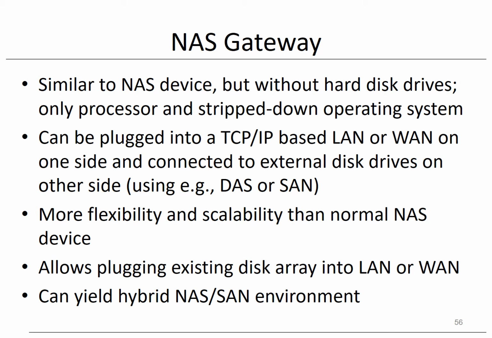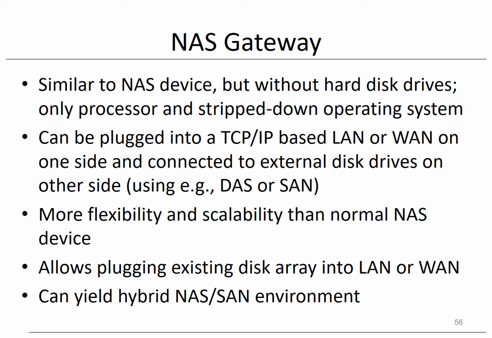More importantly, it allows plugging an existing disk array into a LAN or WAN, hence making its content accessible to the entire network. In this way, the same disk array becomes accessible by means of both file-level I/O through the NAS Gateway and by means of block-level I/O via DAS or SAN.